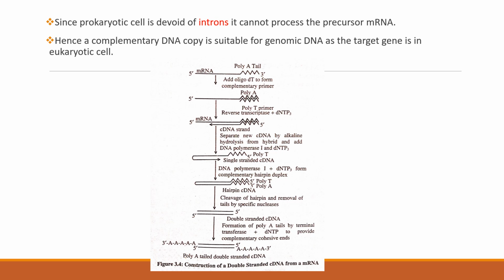Into that template we add a small primer strand. Primers are synthetically or artificially synthesized small DNA strands. So one strand of mRNA of the eukaryotic DNA is taken, a small primer strand is added, then we add the reverse transcriptase enzyme.